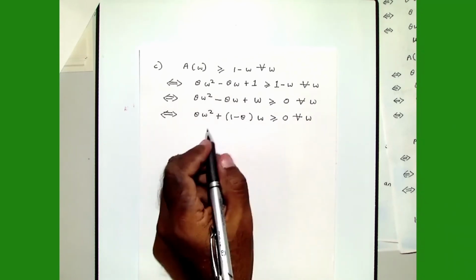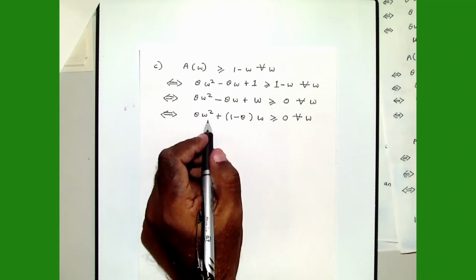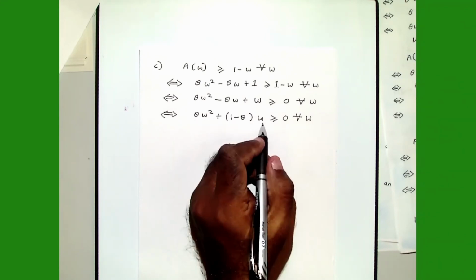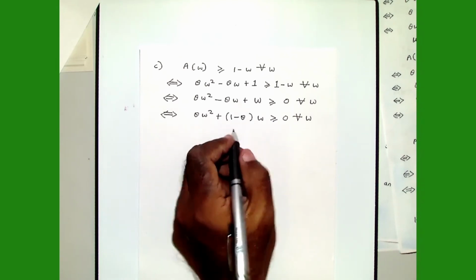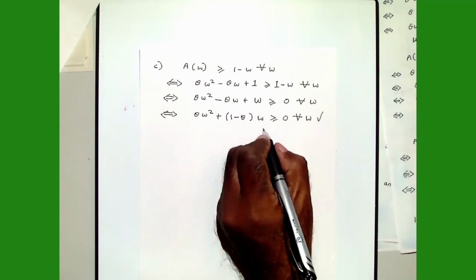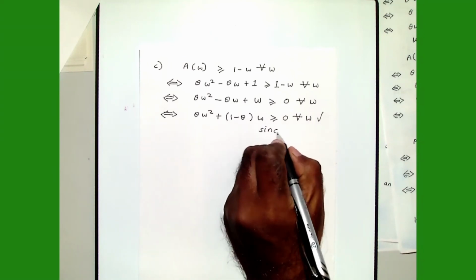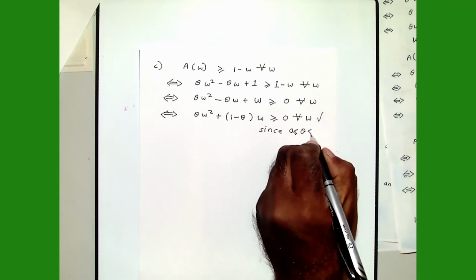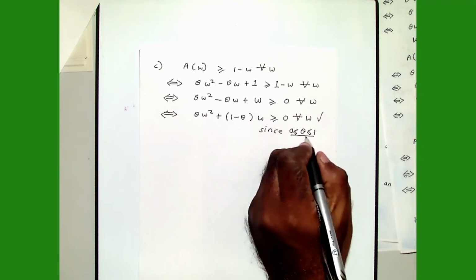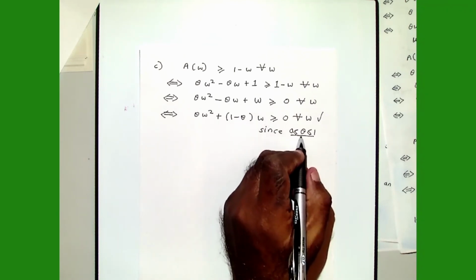Now this is true because theta W squared is greater than or equal to 0, and this is also greater than or equal to 0 because theta is a number between 0 and 1. So this is true since theta is a number between 0 and 1, once again, the question should have said that this is the case, right?